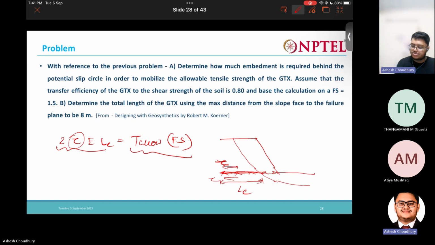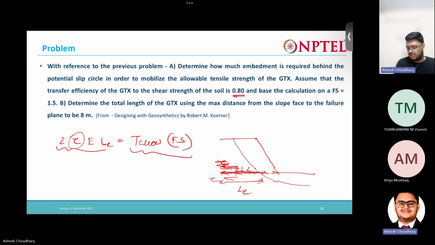One more factor that we are using is the transfer efficiency, that is how much of this mobilized tau will actually be transferred to the reinforcement. That is given by the transfer efficiency, 0.8.